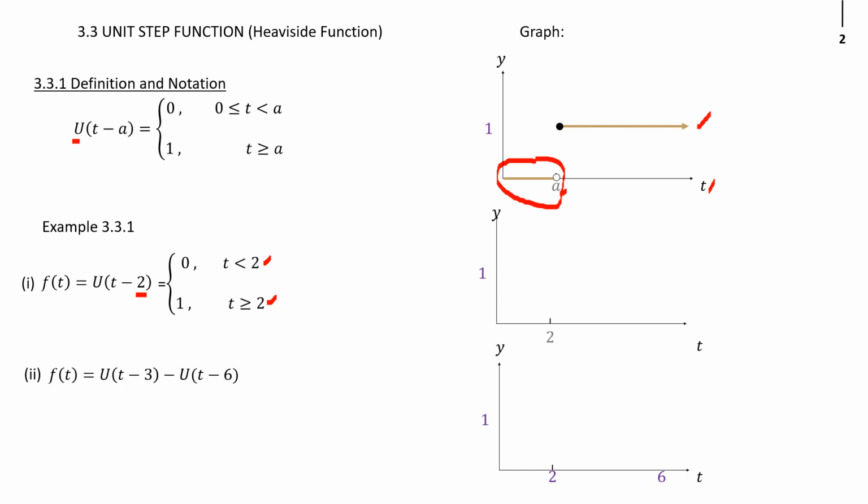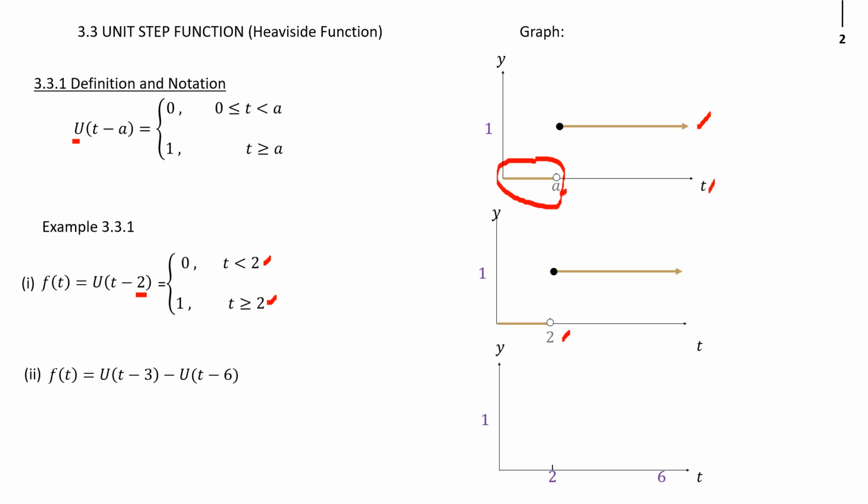If t is less than 2, y is 0. So how does the graph look? a here is 2. If t is greater than 2, y is 1. If t is less than 2, y is 0.